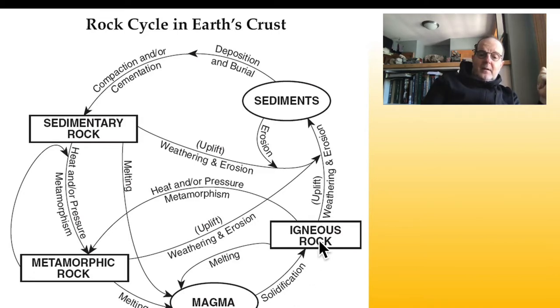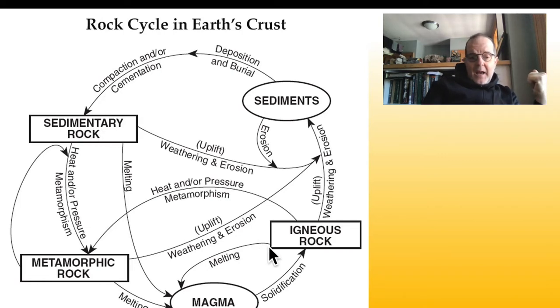Then, that igneous rock can be exposed through the history of the earth to the atmosphere, H2O in liquid, solid, and gaseous form, and it can be weathered, changed into smaller particles that we call sediments, which can then form sedimentary rock.